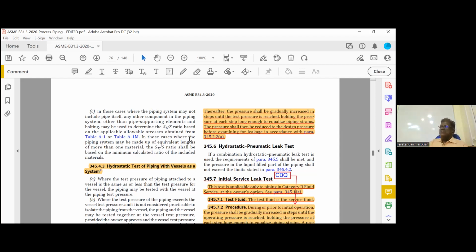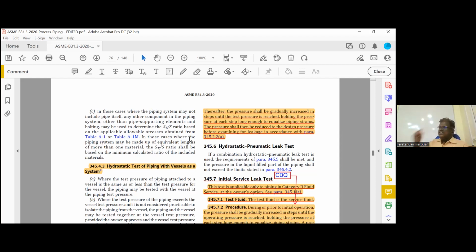For example, your pneumatic test pressure is 100 psi. What is the 50%? 50 or 25, which is less? 25. Your pressure is 25, then hold it. Then we can go for the 100 psi. Third important thing is, when you go for a pneumatic test, you have to put a pressure relief valve, safety valve, so that a sudden pressure increase will not result in a problem.